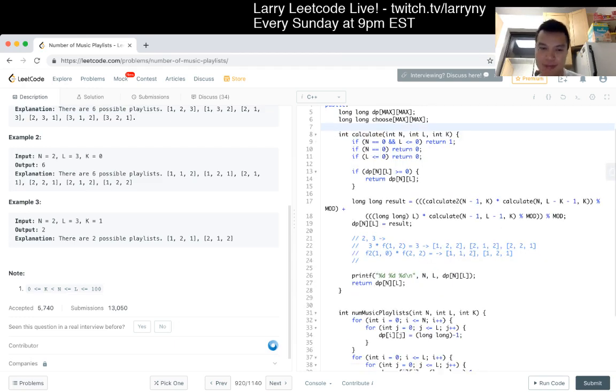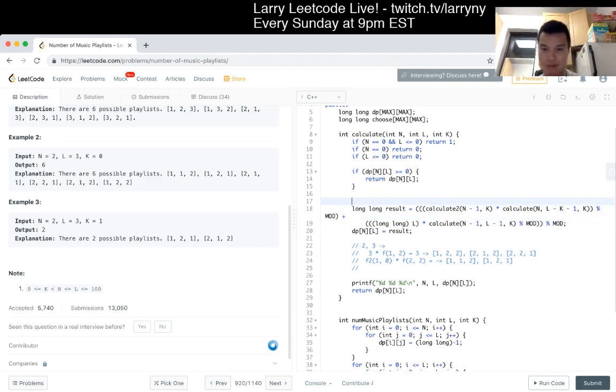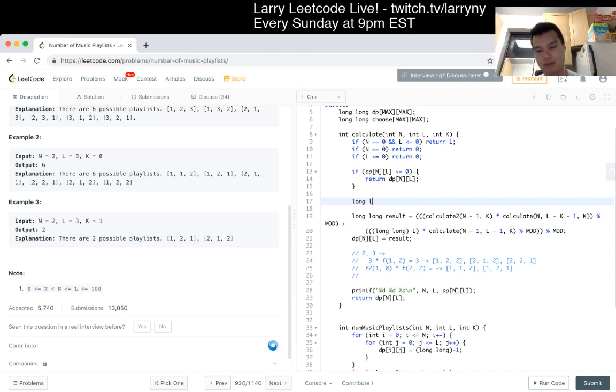What did I do here? I think I'm just missing one case. Maybe I could have been better. It's actually okay, maybe. Here I just need to divide them in chunks.